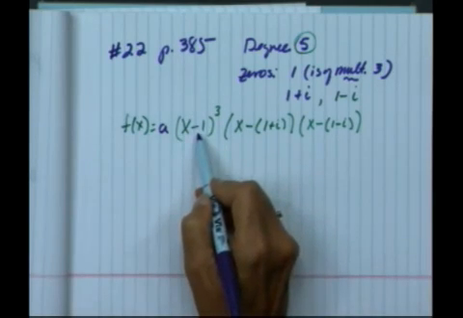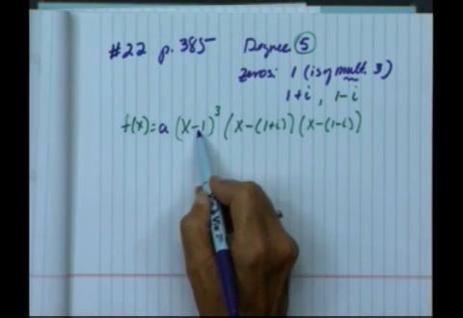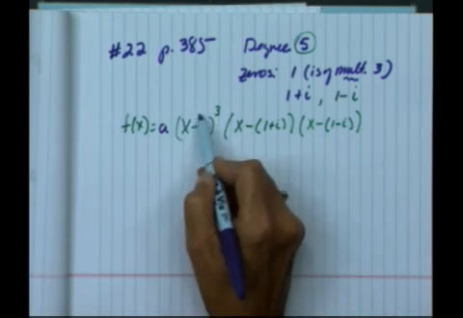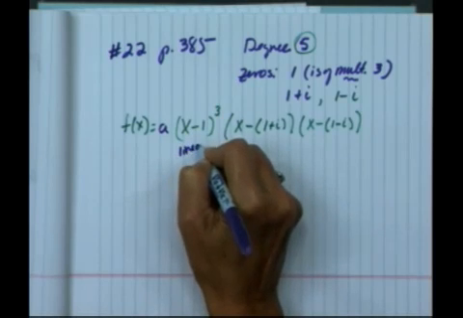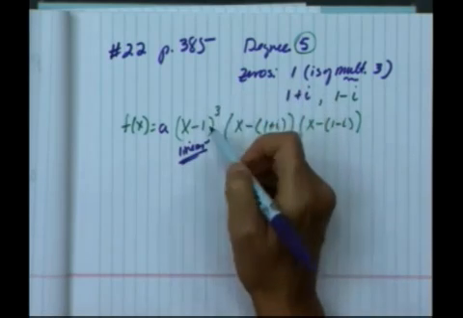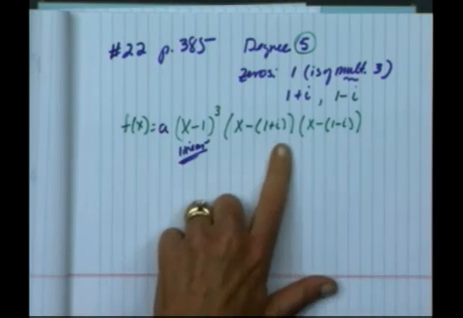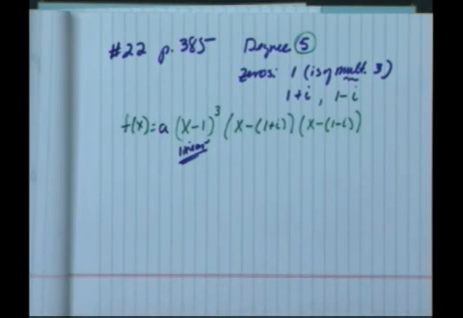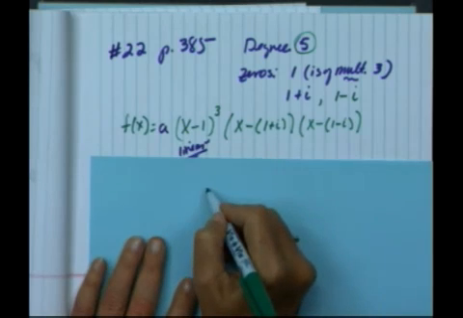x minus 1 is called what kind of factor? Starts with an L. Linear. A linear factor, x minus 1. Even though it's raised to the third power, the x minus 1 is linear. All right, let's work down and get the irreducible quadratic. We'll go with my little tricks of the trade here.